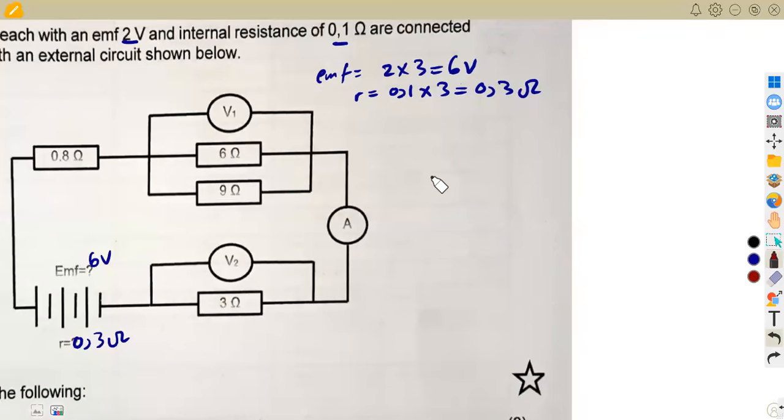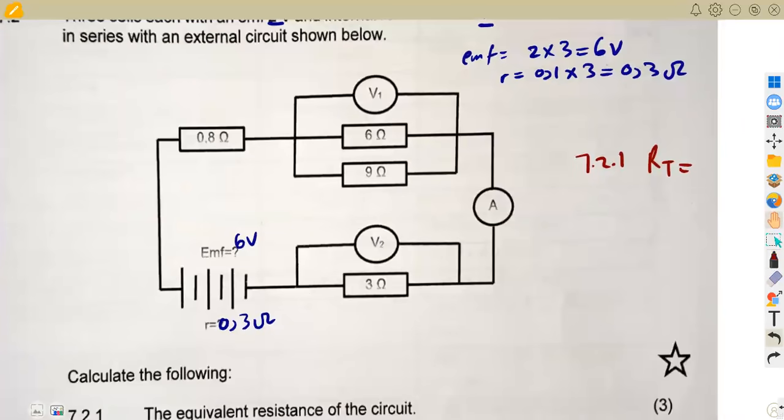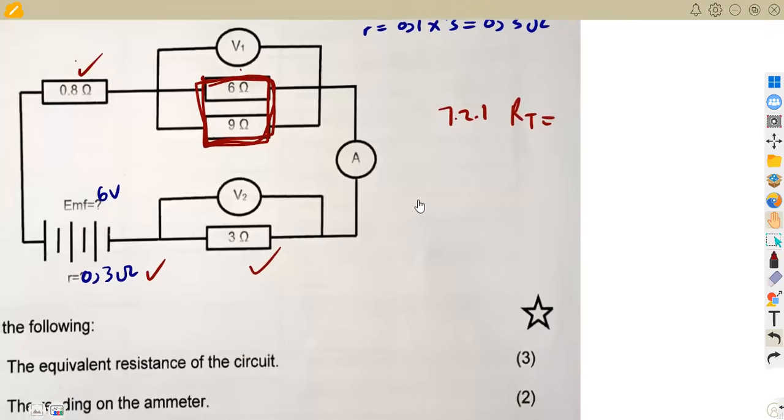Okay, 7.21. So you're going to have the total resistance. So here, since you are not given, say this is R1, yes, you can have it as R1, R2, but let's just see, guys. We are going to add the internal resistance in series with this, in series with this. But here we are having what? A parallel combination, which is going to use the product over the sum. So that's it, guys. We have got the total resistance there.